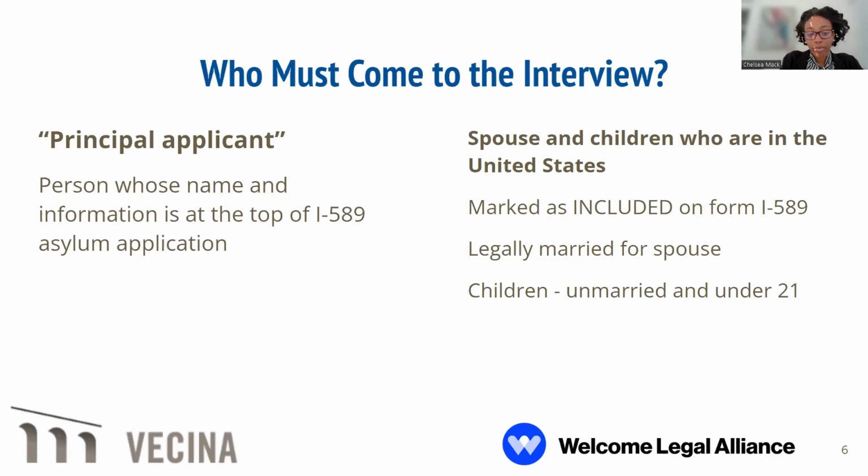This is not the proper process to use if your client's spouse or child are overseas, still in Afghanistan or some other country. But the spouse, there should be one spouse, and all of the children who are in the United States presently and included should attend this interview, regardless of age.